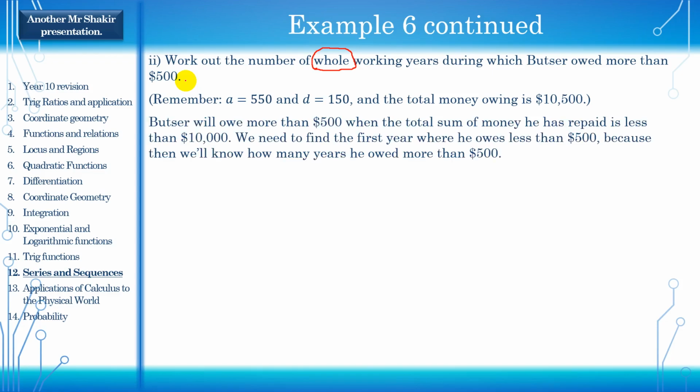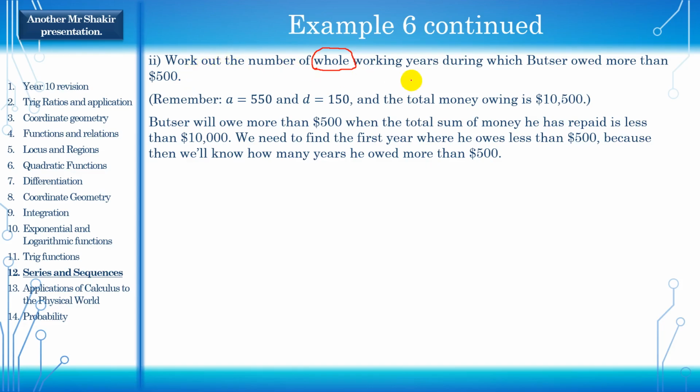Well, he owes more than 500 when the sum of money he has repaid is less than 10,000. Think about that. If he has repaid 10,500, he doesn't owe anything, right? If he has repaid 10,000, he still owes 500. So when does he owe more than 500? Well, when he's paid less than 10,000, right? If he's only repaid 4,000, he still needs to repay 6,500 or however much it is.